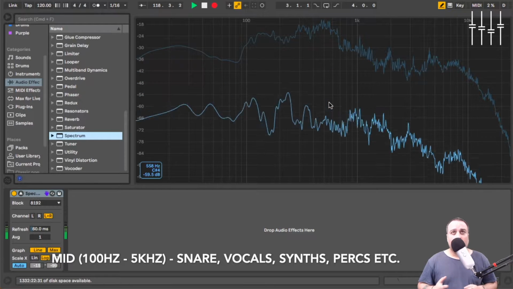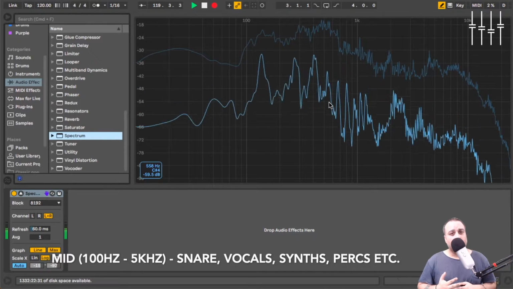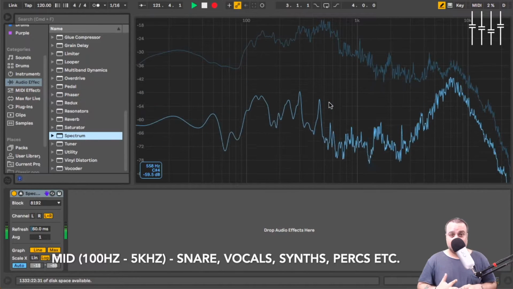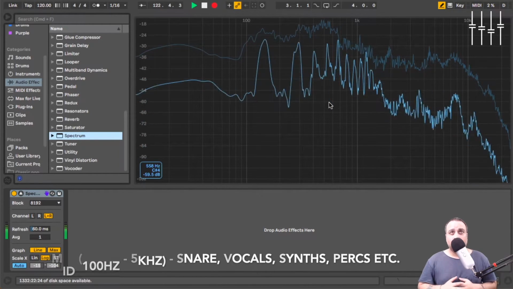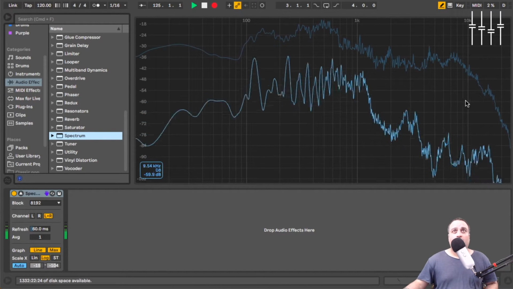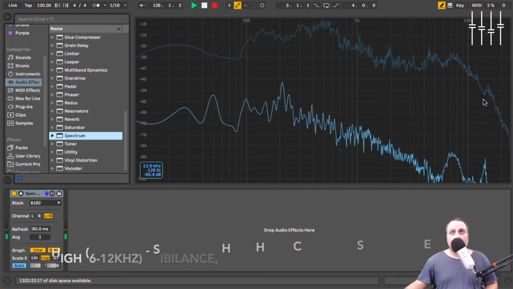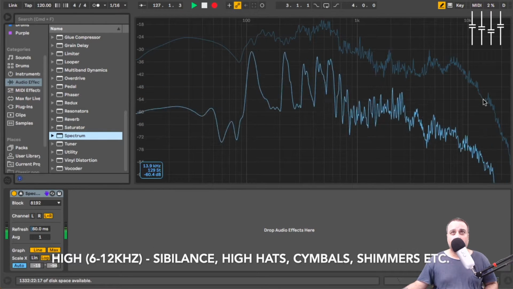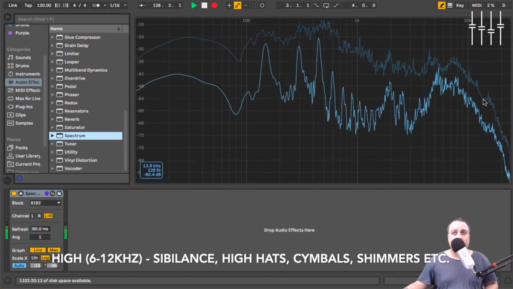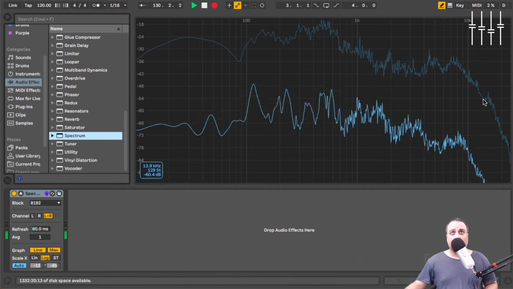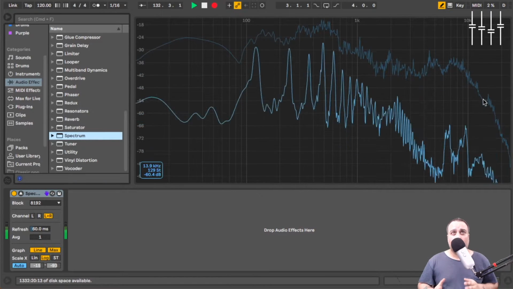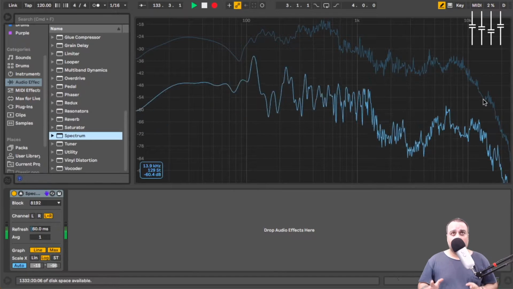For example, all the percussions come into these frequencies, vocals come into these frequencies, all the synths, pianos come into these frequencies, the middle part. And on the extreme right come the thin frequencies like shimmers, cymbals, hi-hats, etc. So that was a very simple explanation of what frequencies are about.